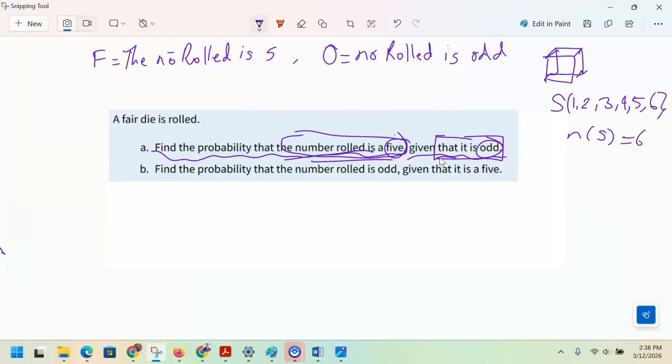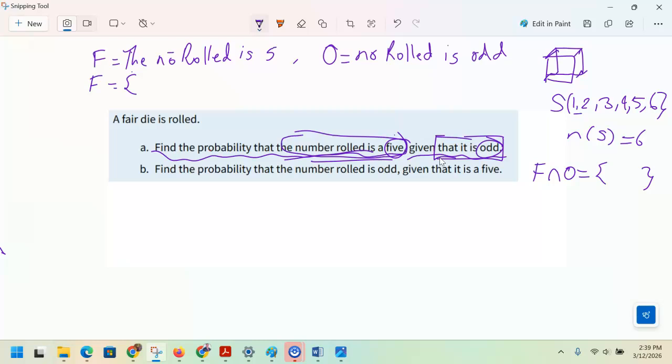Let's write each of these, and also write what F is, and which outcomes are both 5 and odd. F is the number rolled is 5.